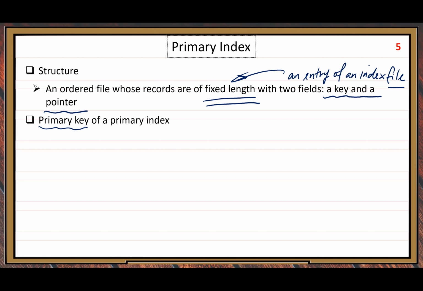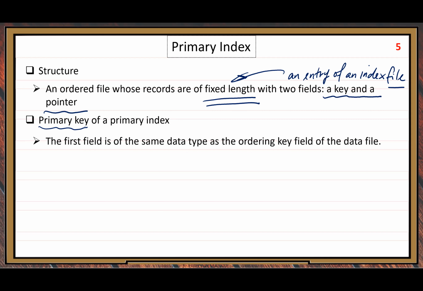When we talk about a primary key inside one concrete table, we know its meaning. But here we talk about a primary key inside a primary index, and its meaning is different. So we try to understand why the primary key here is different from the primary key there.